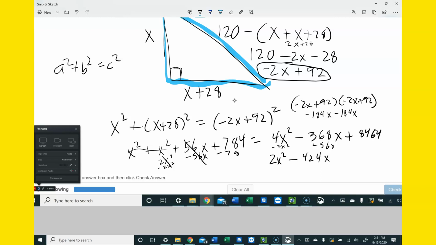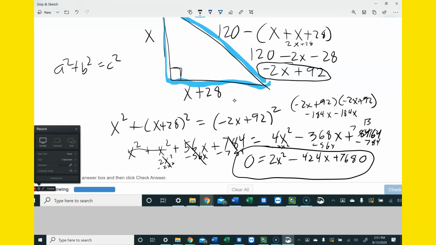Let me move my 784. So that's going to be plus 7680.